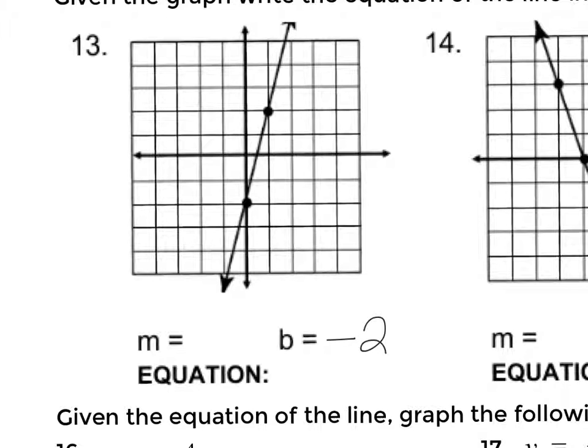From there, we're going to find your slope. Is my line going up the mountain positively, or is my line going down negatively? It's positive. Then count. Your slope is up 4 over 1.